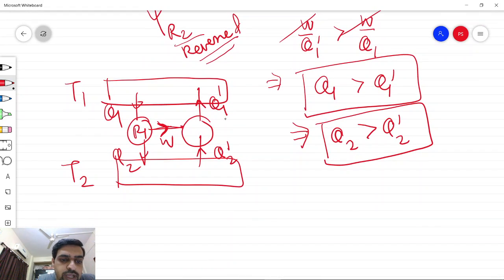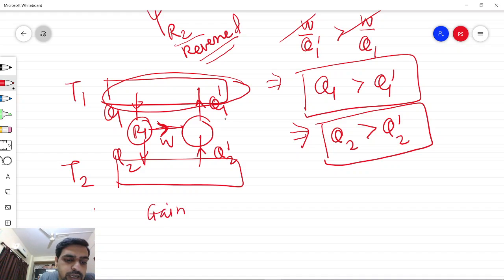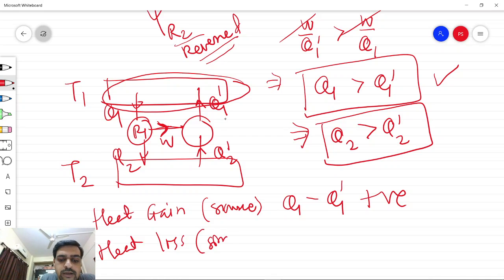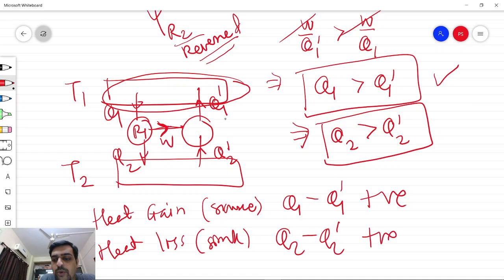Now again we look at the net heat gained by the source, which is Q1 minus Q1 dash, which is positive since Q1 is larger than Q1 dash, and the net heat loss by the sink is Q2 minus Q2 dash, which is again positive.